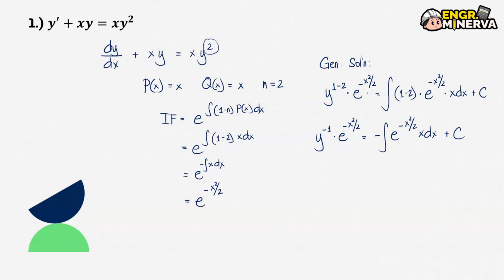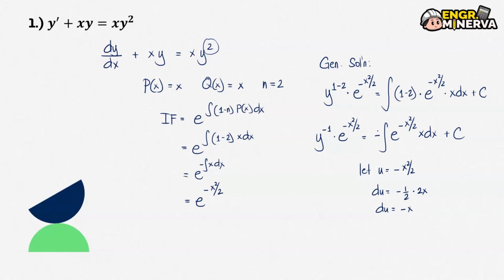So to integrate this one, we will let u be negative x squared over 2. And the derivative of u would be negative 1/2 multiplied to 2x, or that would be negative x.